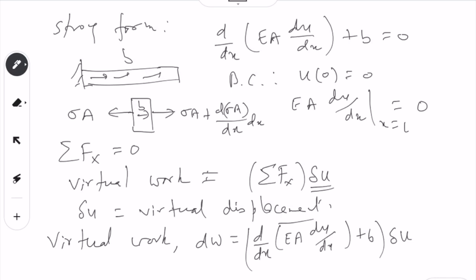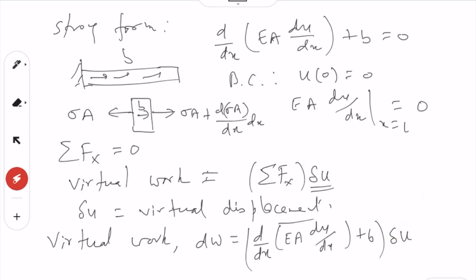Now, this del u we also wrote as zeta w. So here I think instead of writing w, we should write something else, because we will be confused. We also said u as a small zeta w of x, right.